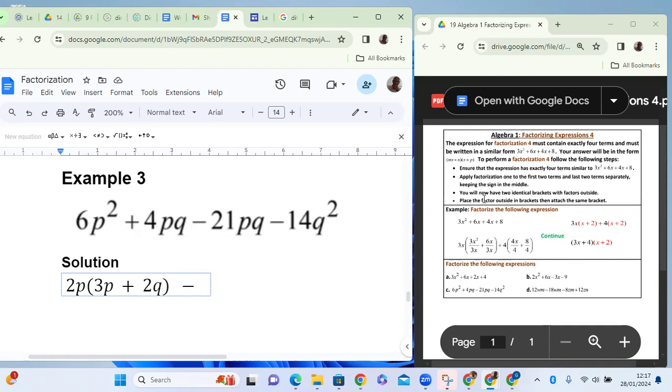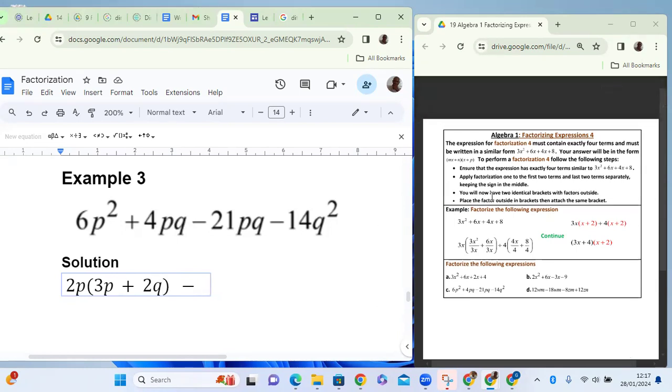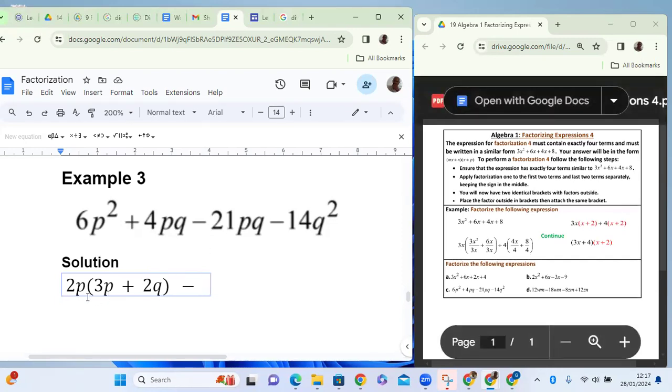Now we must get 3p plus 2q on the left side. Remember it says you will now have 2 identical brackets with factors outside. One of the factors outside is 2p. The factors outside can be different, but what is inside of the bracket must be the same. We must get 3p plus 2q when we are through with negative 21pq and negative 14q squared. So let's look at the 21 and the 14.